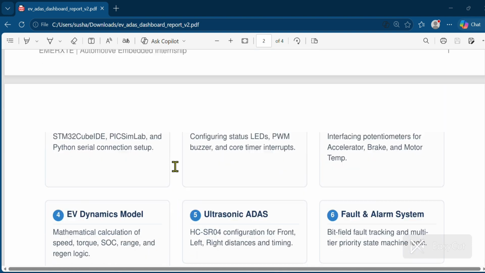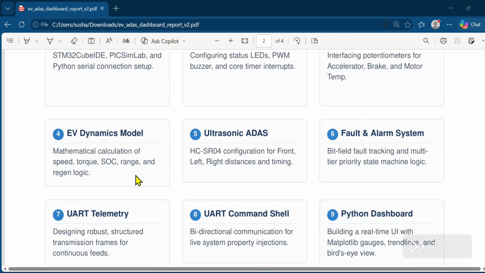In phase 4, we design the mathematical EV dynamics model, calculating speed, torque, SOC, range, and regen. In phase 5, we configure the ultrasonic sensors for front, left, and right distances, and in phase 6, we brought everything together under a central fault and priority alarm state machine.